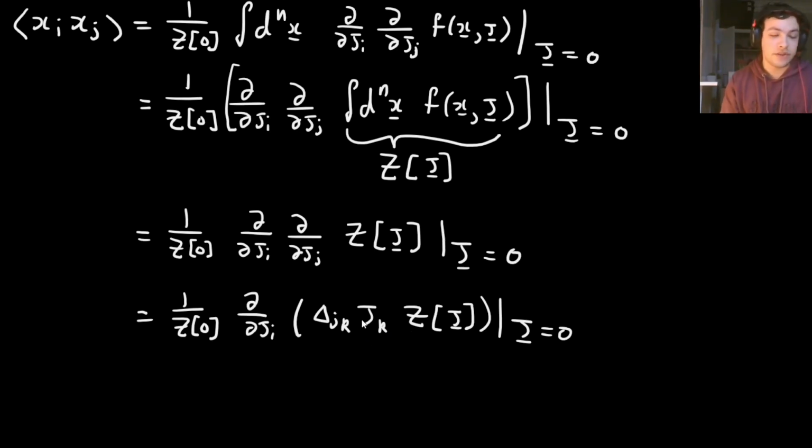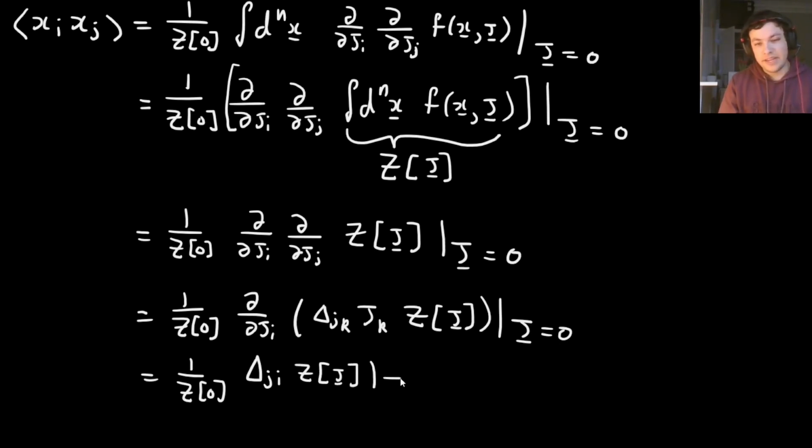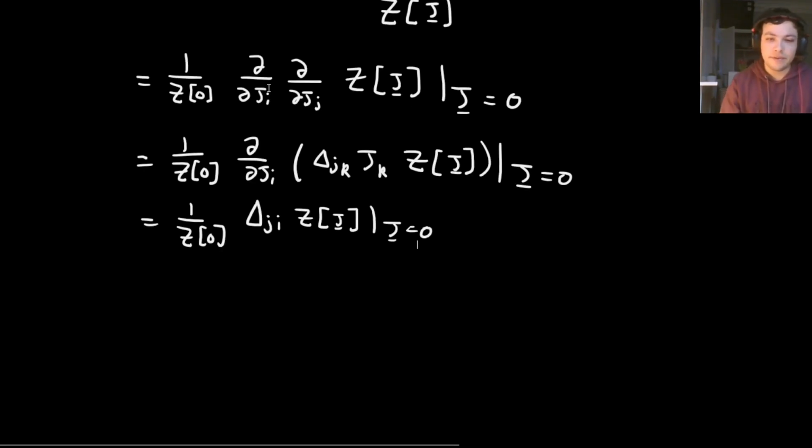So we only have to differentiate this term, and that's nice and easy to do because this is a constant, and then we differentiate this by Ji, we get delta ik, we sum over k, we just replace all of our k's by i's, and so we end up with 1 over Z0 delta ji Zj evaluated at j equals 0, which means that we get a Z0 there, and we end up with delta ji.